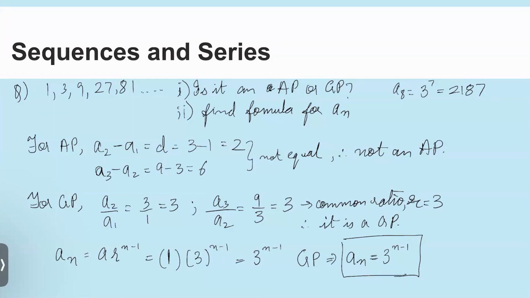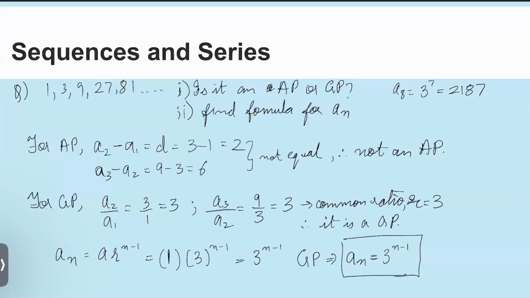And obviously, when you are asked in a statement form, you will have to convert it into a geometric progression. So let's do just one last example.